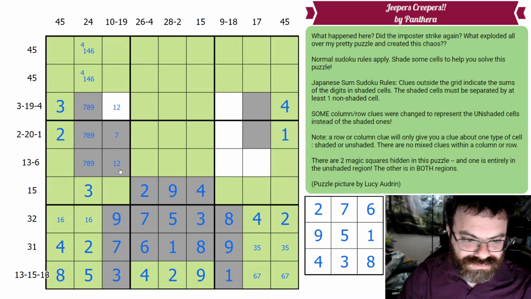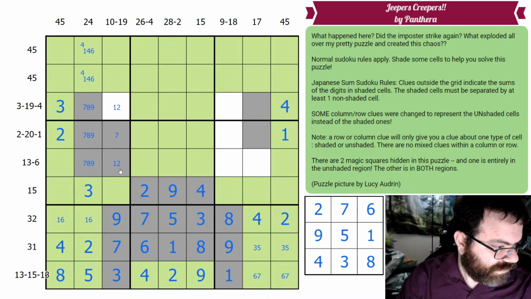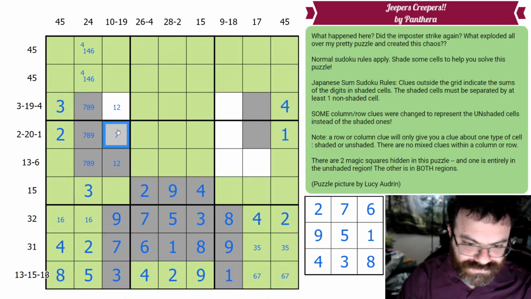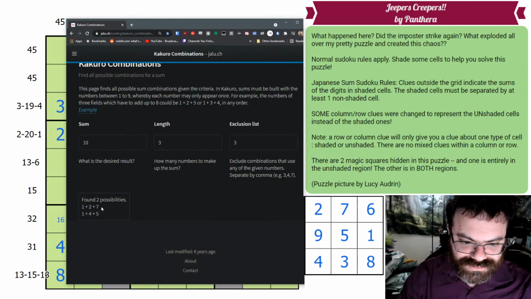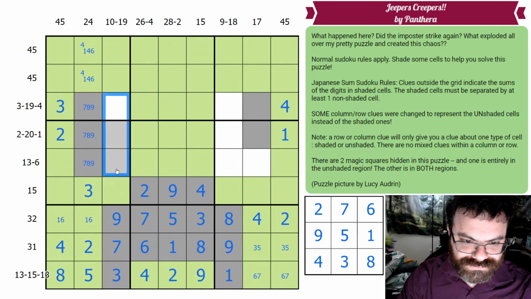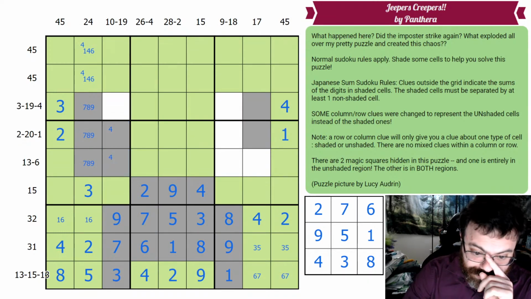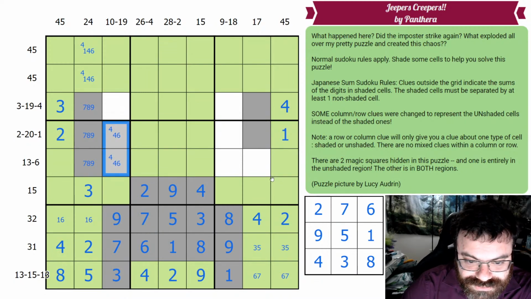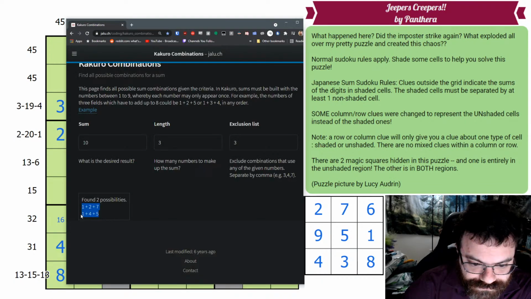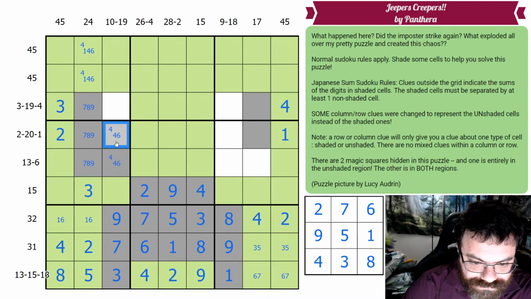I can't rule out 1, 2, 7. Oh, there's a 7 already below here. I can rule out 1, 2, 7. Okay, yeah, so it's either 1, 4, 5 or 1, 2, 7. And this can't be a 4, so there is a 4 here. The 4 is going to be either with a 6 or it's going to be with a 1, 1 or 5.